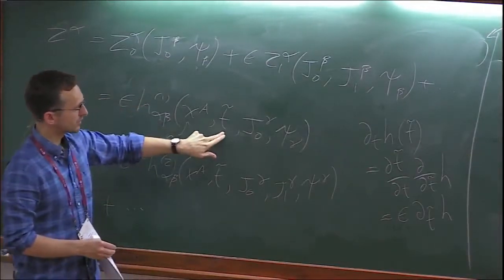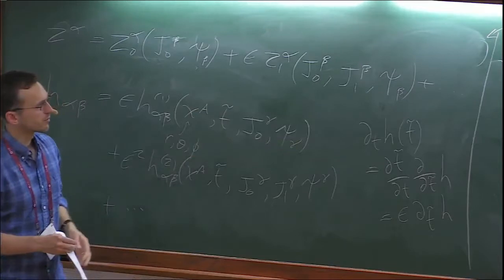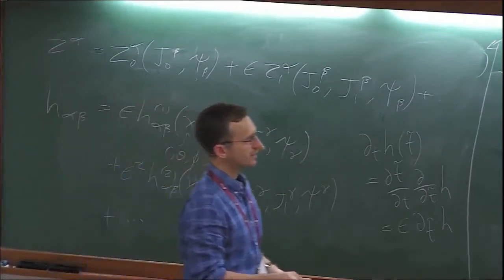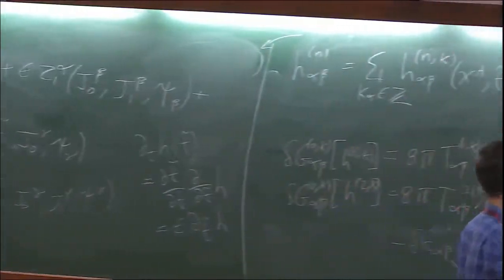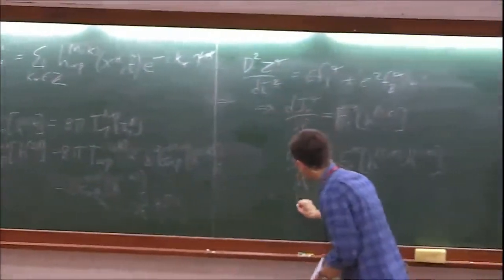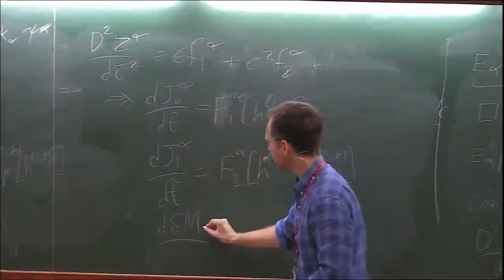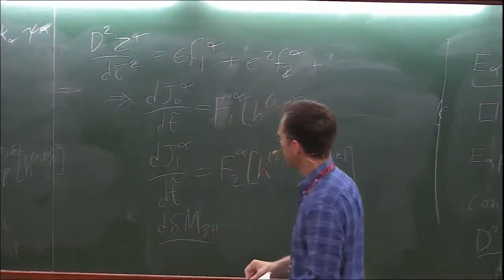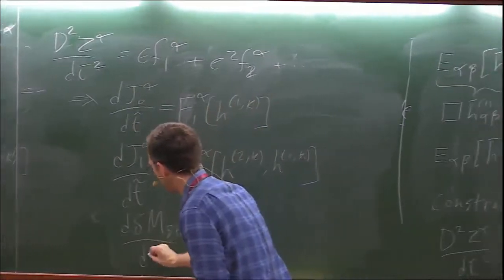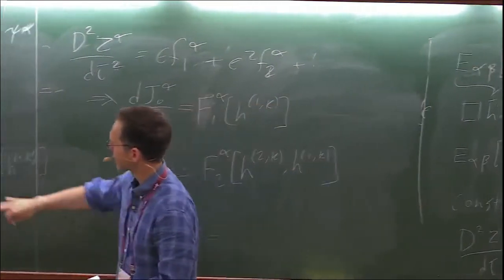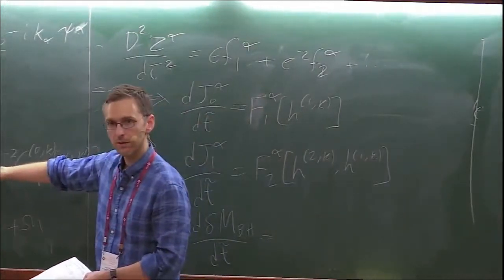I also mentioned that there's other slow time dependence related to the change of the black hole parameters. So you need to combine these with equations for the correction to the big black hole's mass, and you can actually find what this equation is directly from the second order Einstein equation.